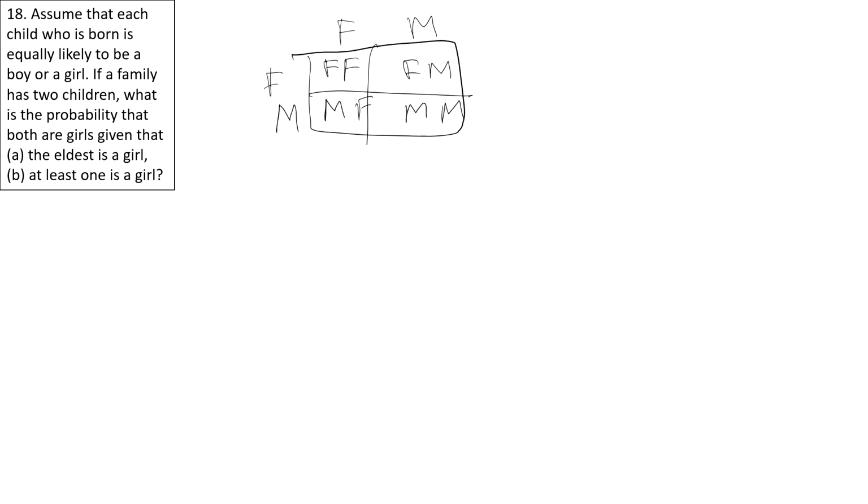What are the chances the eldest is a girl? This one and this one. So both are girls. What is F eldest intersection FF? It is equal to FF, this is the only intersection.